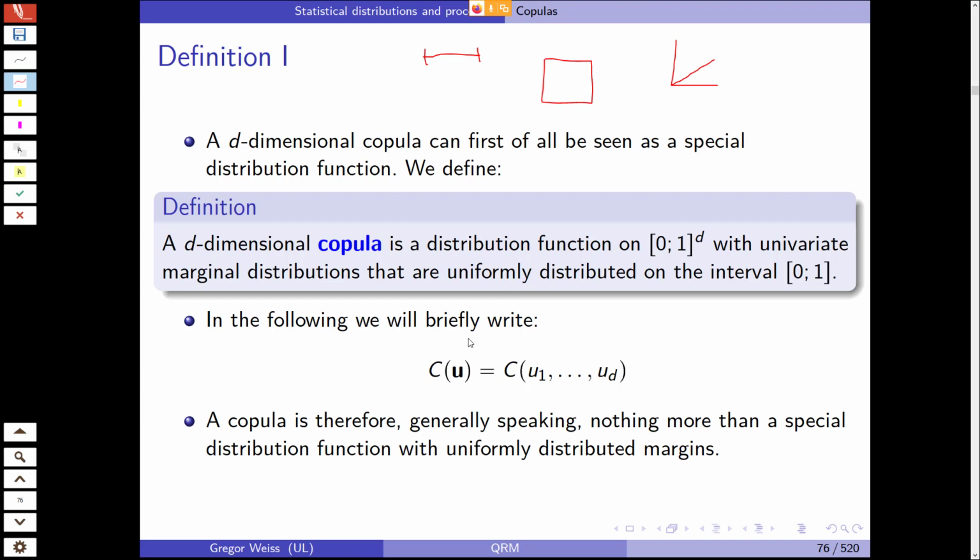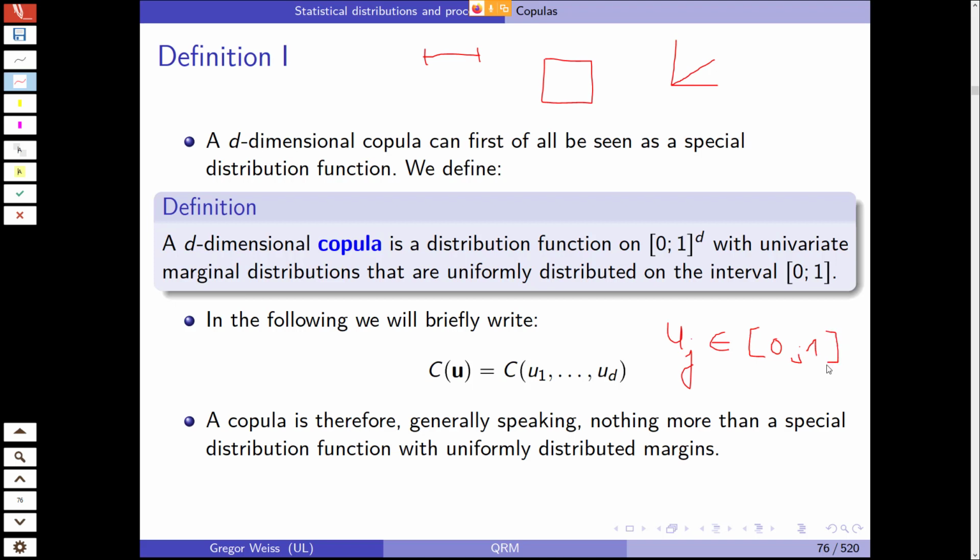And we'll write a copula in this way, C of this vector u, and that is a function in the arguments u1, u2 up until ud, and each uj is taken, so let's say uj is an element of the unit interval between 0 and 1.